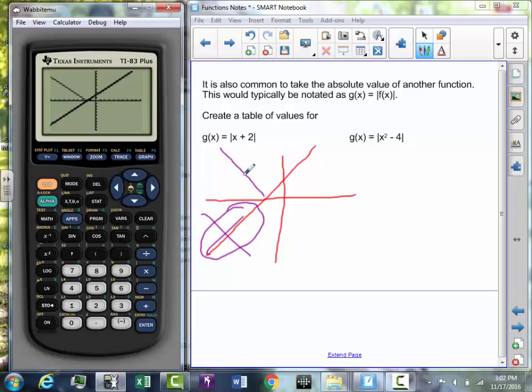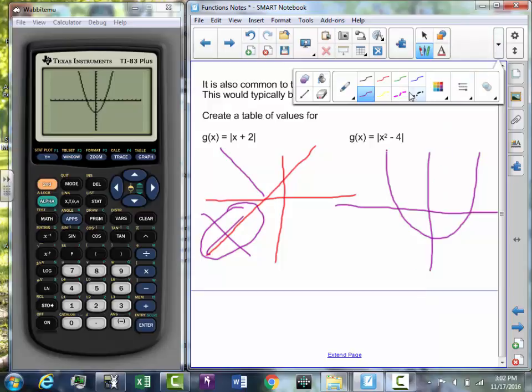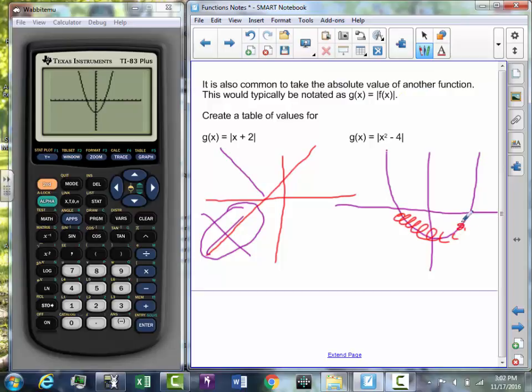Let's talk about the quadratic one. Before I absolute value it, what does x squared minus 4 look like? x squared minus 4 should have looked like this. But all of this section down here, I think I have that because it's the negatives.